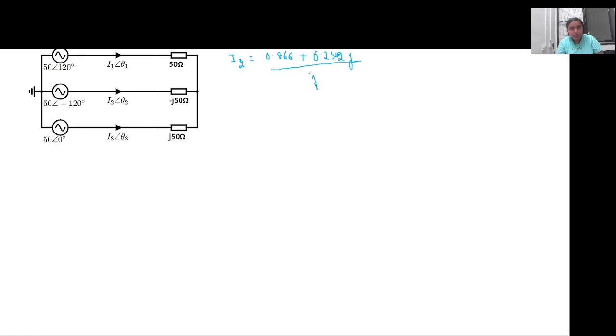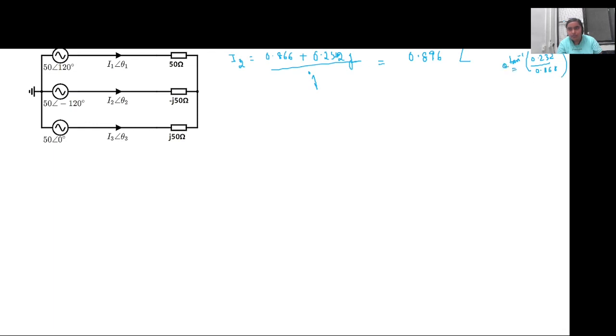by j. Now we convert it into polar coordinates because you have to get rid of the denominator. So the magnitude of this will be the square root of 0.866 square plus 0.232 square, which is 0.896, and the angle will be tan inverse of 0.232 by 0.866.